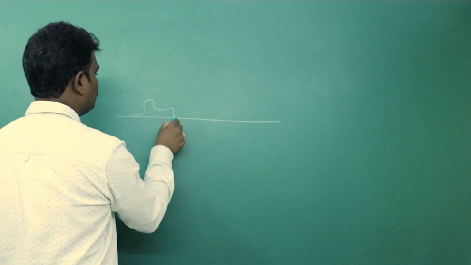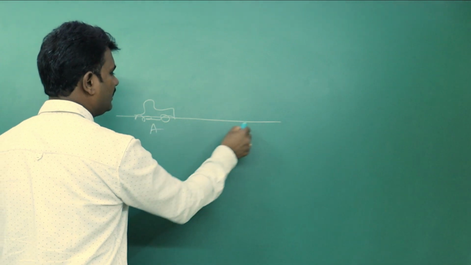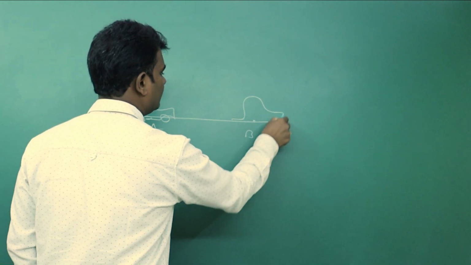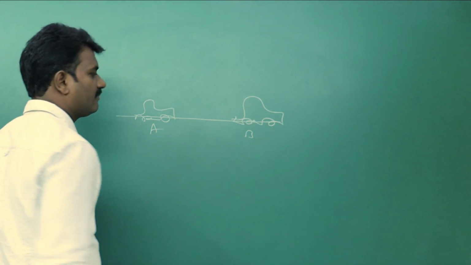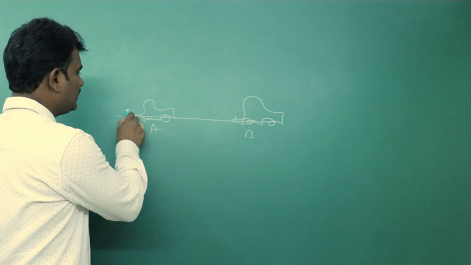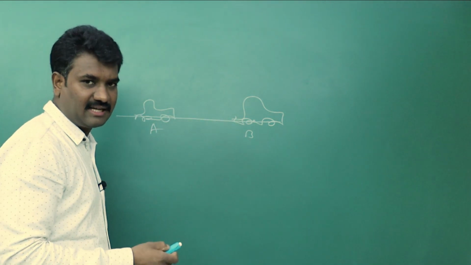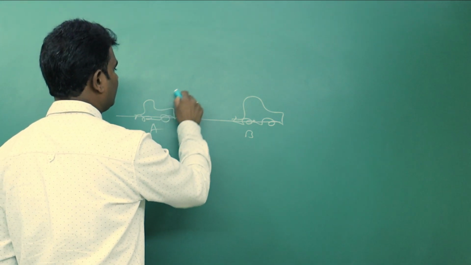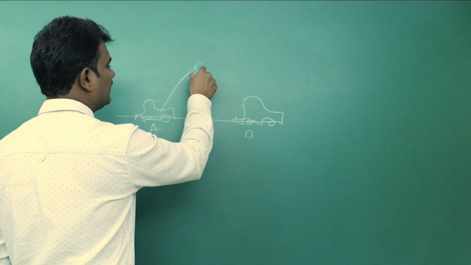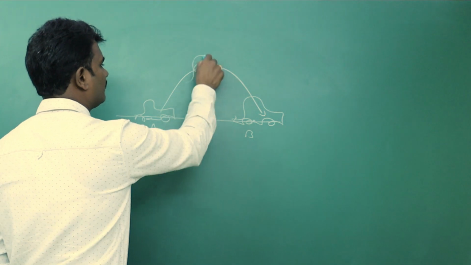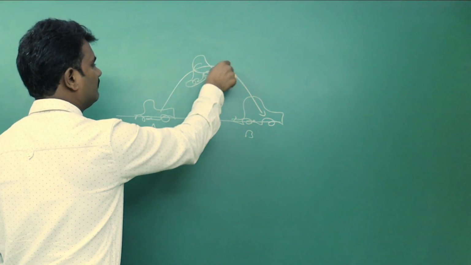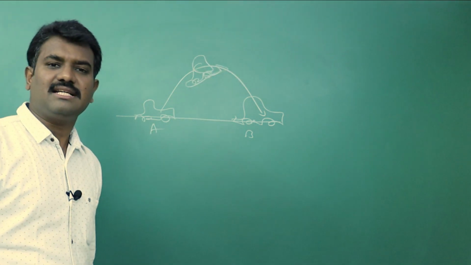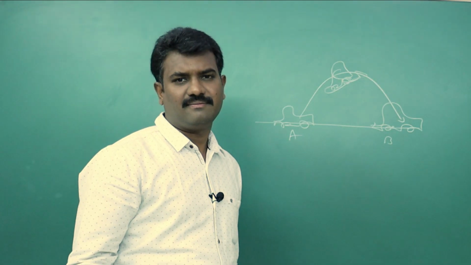If a car is moving from point A to B directly, how much force is required to move it from A to B? Same car moving from A to some C and then to B, how much force is required? You can easily say. In which case is more force required?